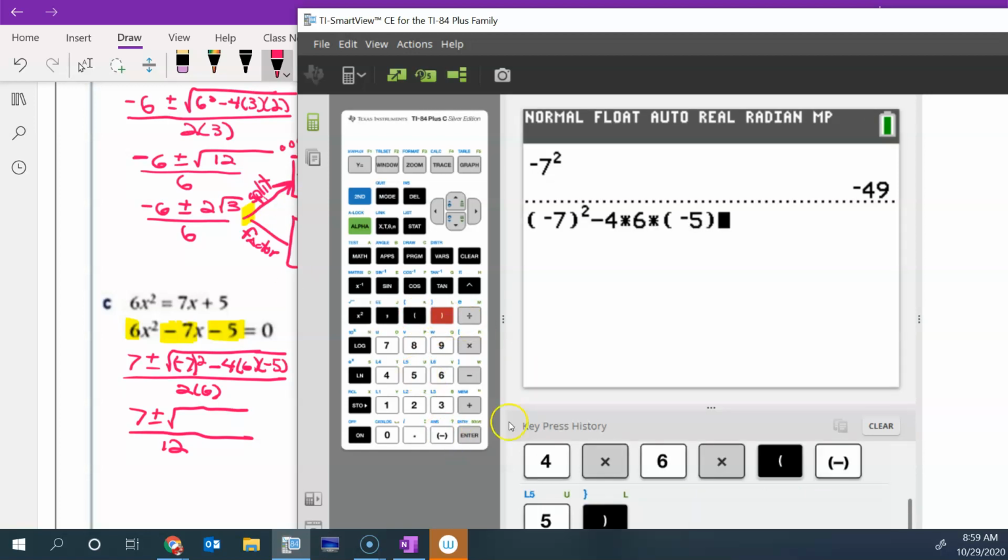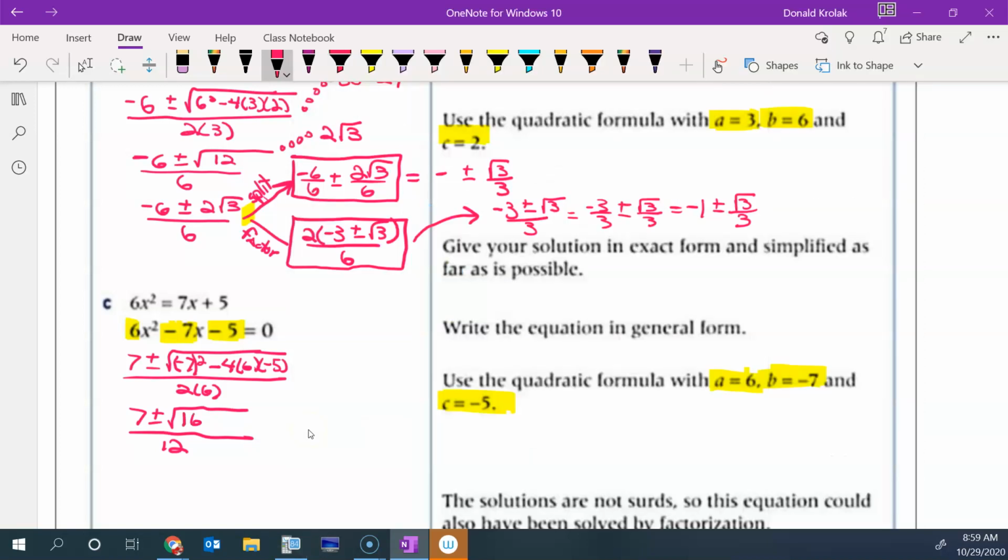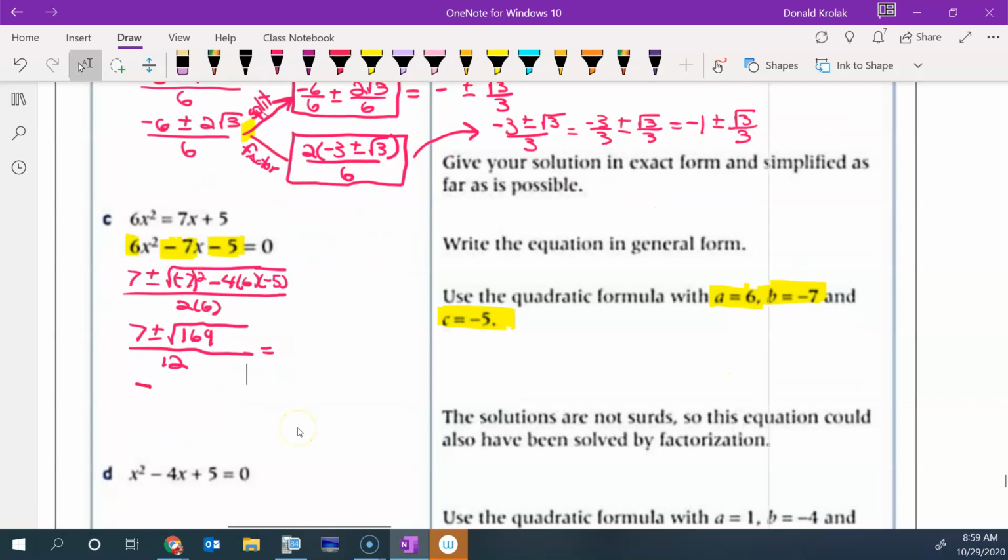And that's going to be my discriminant. 169, which is a perfect square. That's 13.